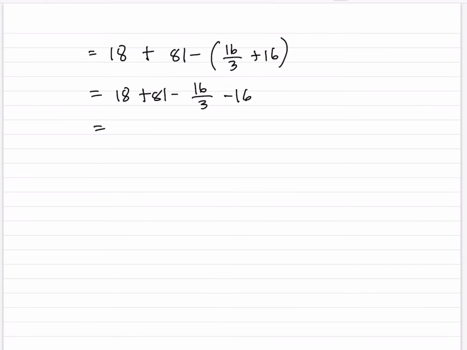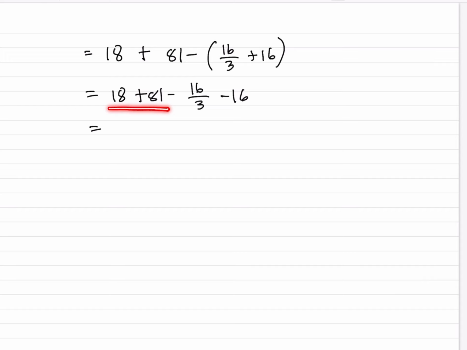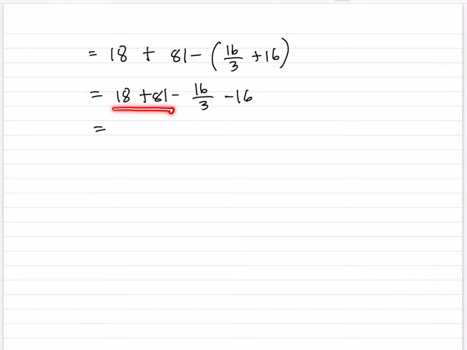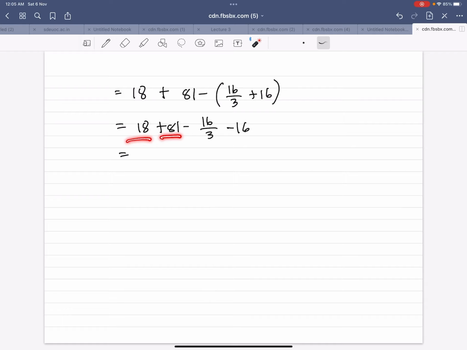So we can combine the whole number part. 18 plus 81 is 99. 99 minus 16 is 83.